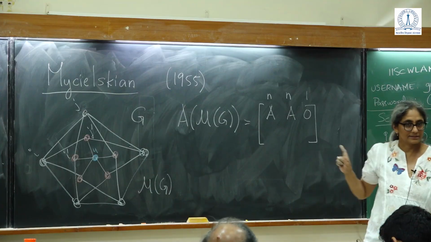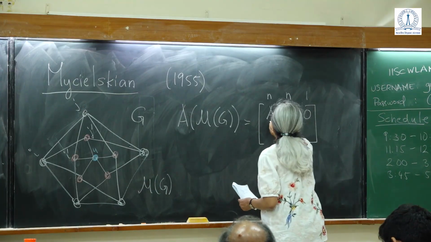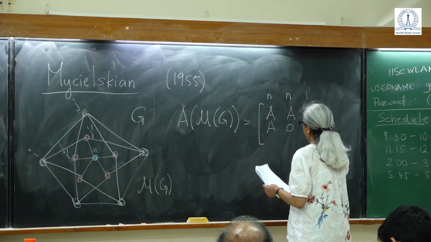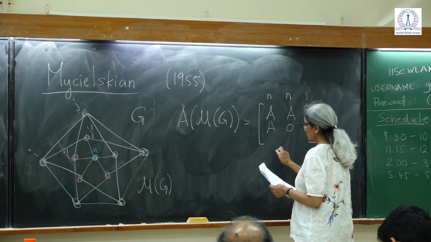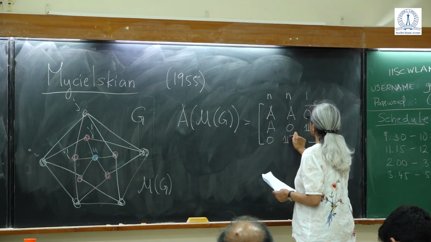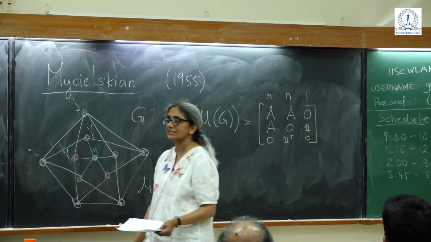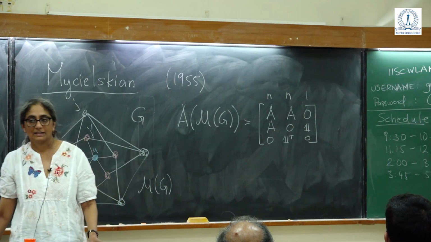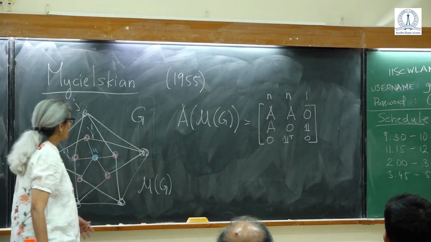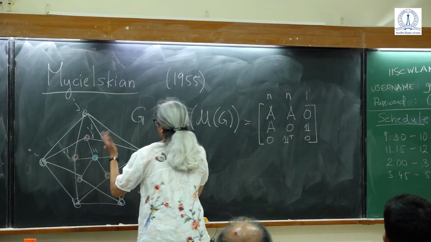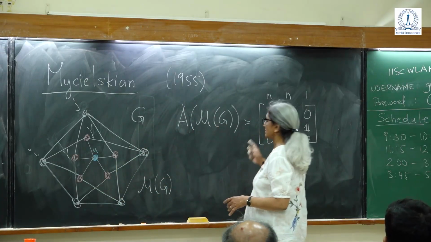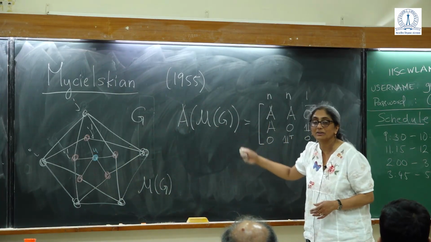So that's the size. And then A, and 0, and all ones, and then 0, and all ones transpose, and 0. This is how the adjacency of the Mycielskian looks. It's very nice, okay? And there's a nice relationship between the eigenvectors of G and the eigenvectors of the Mycielskian and so on, if you work with the adjacency.